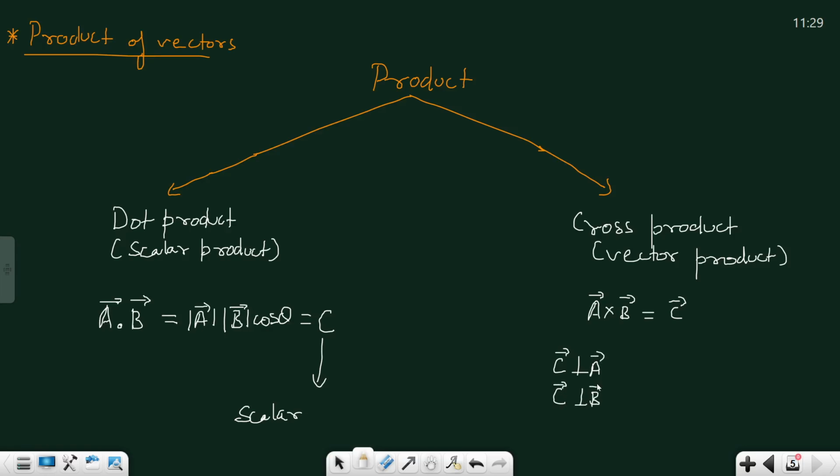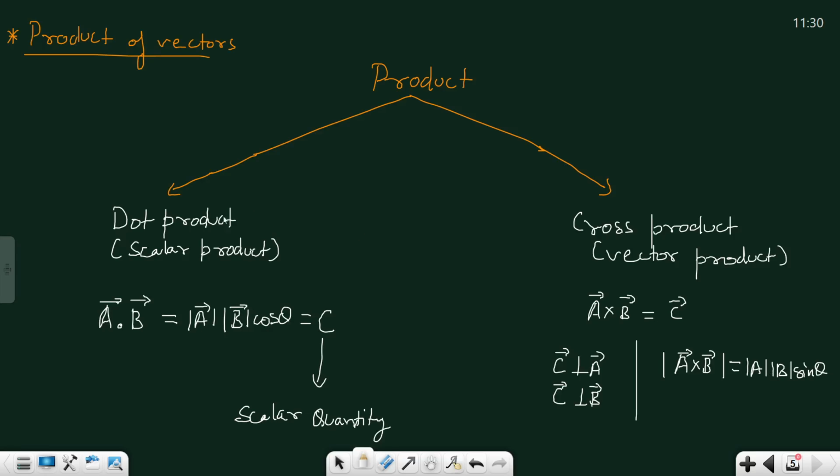You can see the difference: in dot product, the final answer will be a scalar quantity, and in cross product, a new vector c will form, which will be perpendicular to a and b both. If you take only the magnitude of a cross b, it will be a b sine theta. So that is the formula.